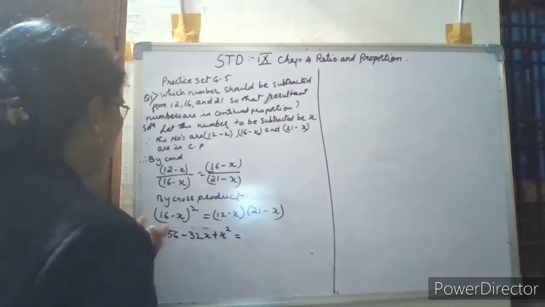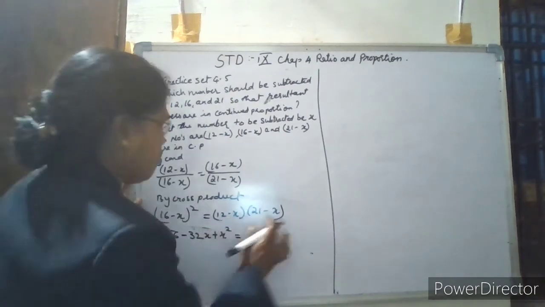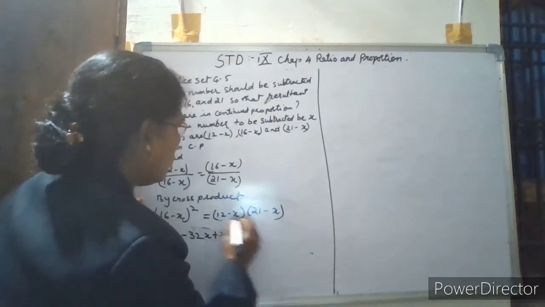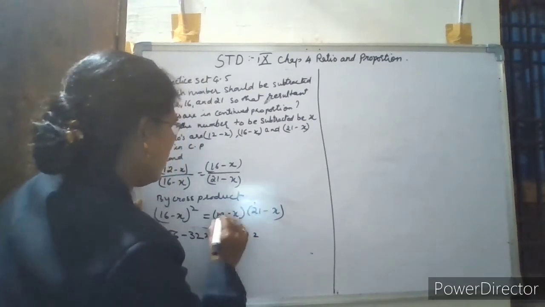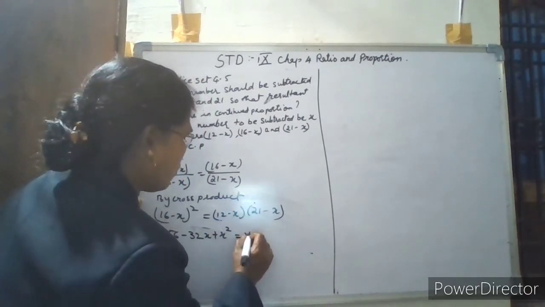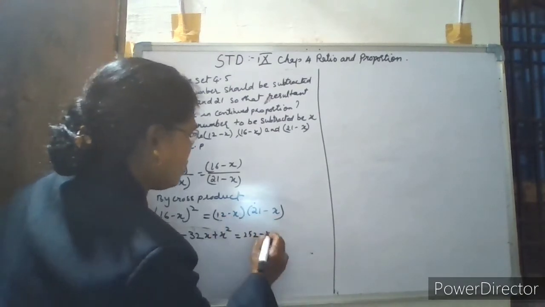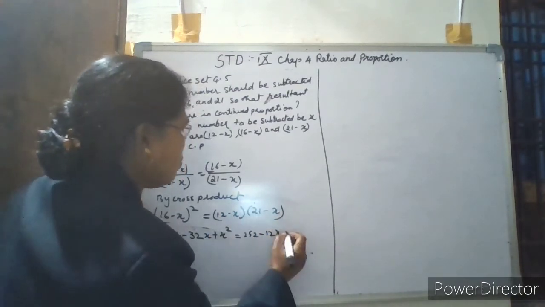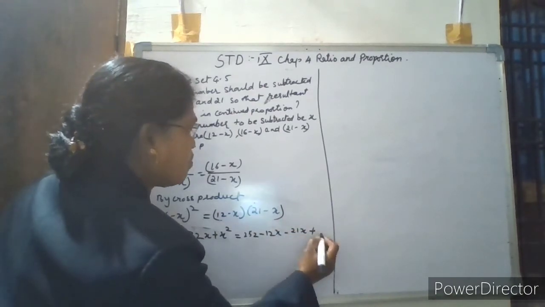This is the expansion form of this. Now this is binomial into binomial. So 12 into 21: 12 ones are 12, carry 1, 12 twos are 24 and 25, 252. Then this minus 12x, then this into this will give you minus 21x. Minus into minus will give you plus x squared.